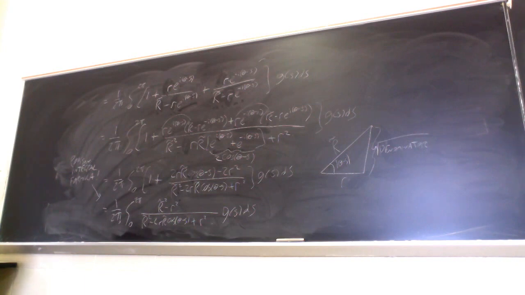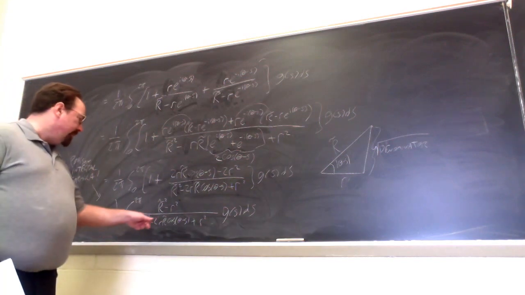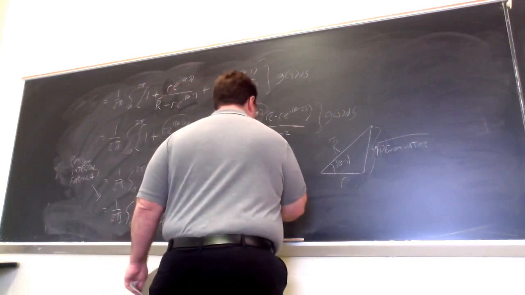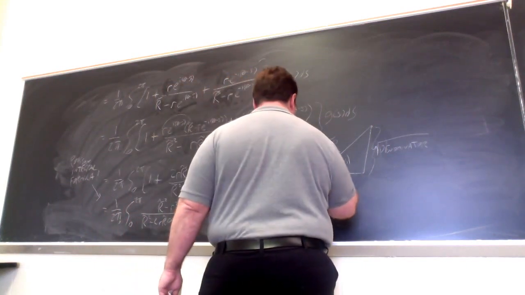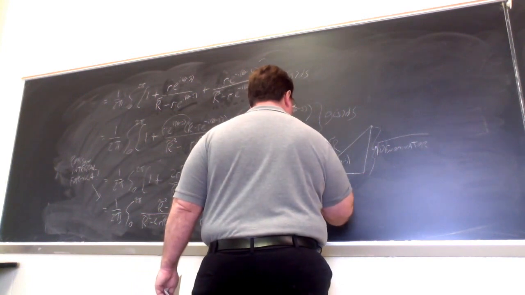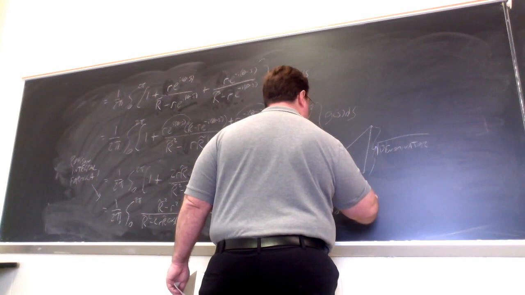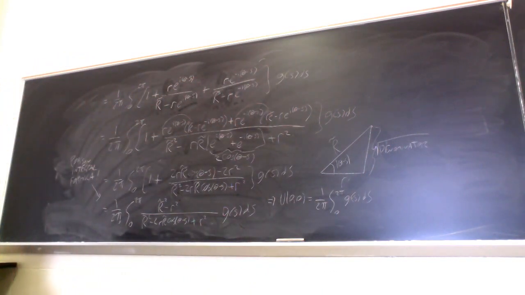Now another thing you can see is if you plug in little r equal to 0, that would wipe out these two terms. Everything would cancel. So at the origin, u of 0, 0 would just be 1 over 2 pi integral of g of s ds, which is, what does this represent, when you divide by 2 pi?